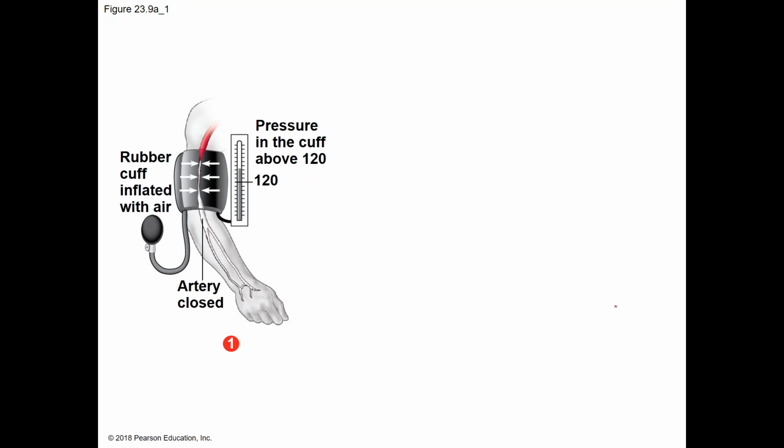You've probably all been to the doctor and have had them put this cuff on your arm to measure your blood pressure. I'm sure you knew that's what they were measuring, but this is actually what takes place during that process. The cuff is wrapped around the upper arm where large arteries are accessible, and the cuff is inflated until it's strong enough to close off the artery and cut off blood flow to the lower arm.